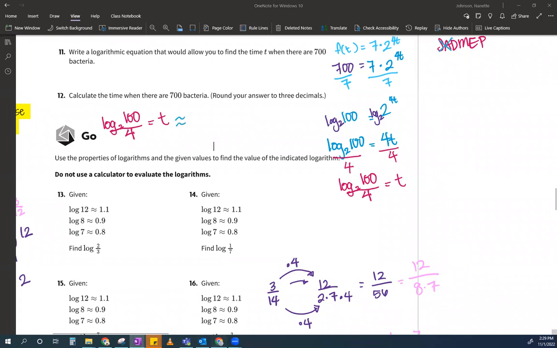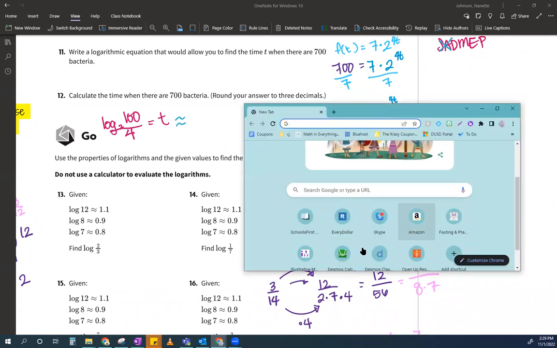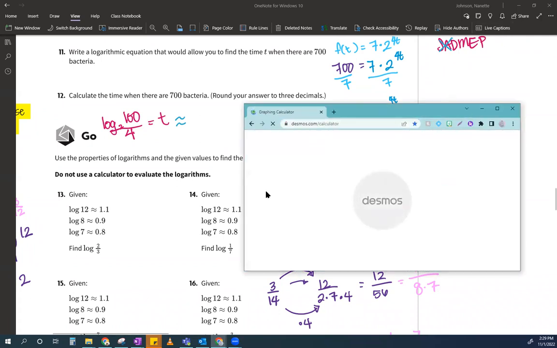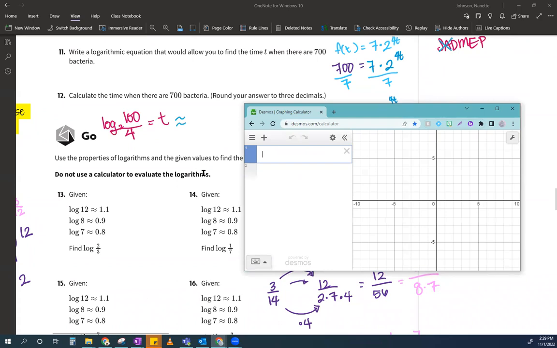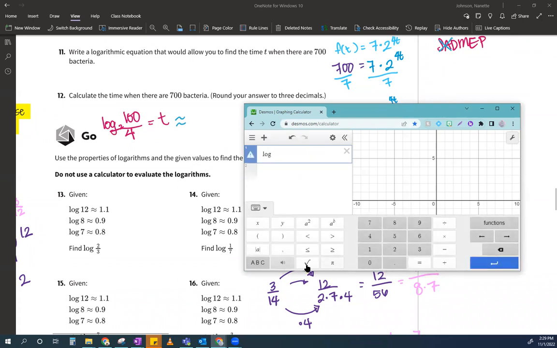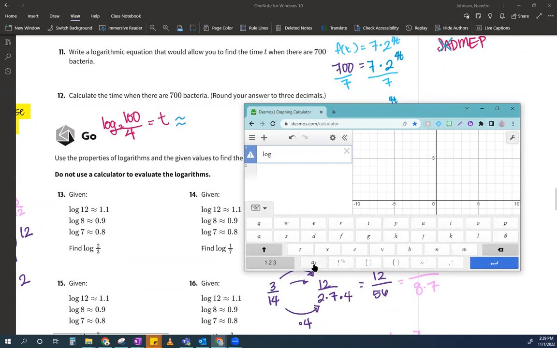Now, when I plug into my calculator, that's why I use the little curly signs. As I pull my friend Desmos up, I'm going to plug in this thing, and you should know how to go log base 2. I remember one of your classmates showed me the shortcut, but I'm just going to show it here.